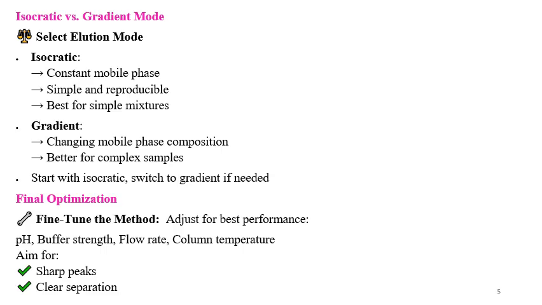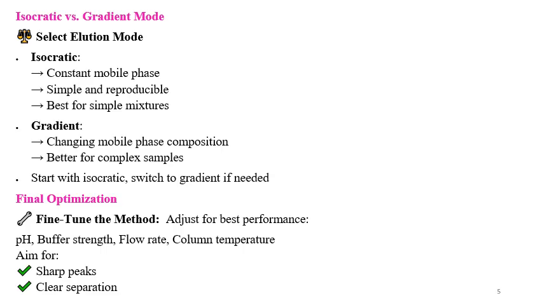It is simple and reproducible and best for simple mixtures. But gradient gives you a changing mobile phase composition and is better for complex samples. Generally, the method starts with isocratic and it can be switched to gradient elution mode if required.